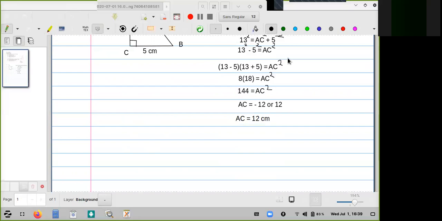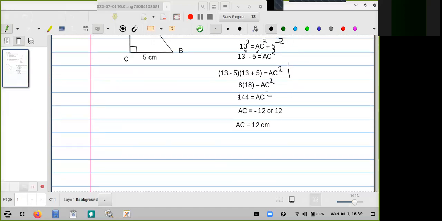We can just make use of simplification, which means we will say 13 squared is 169, minus 25, which will then be equal to 144, right?